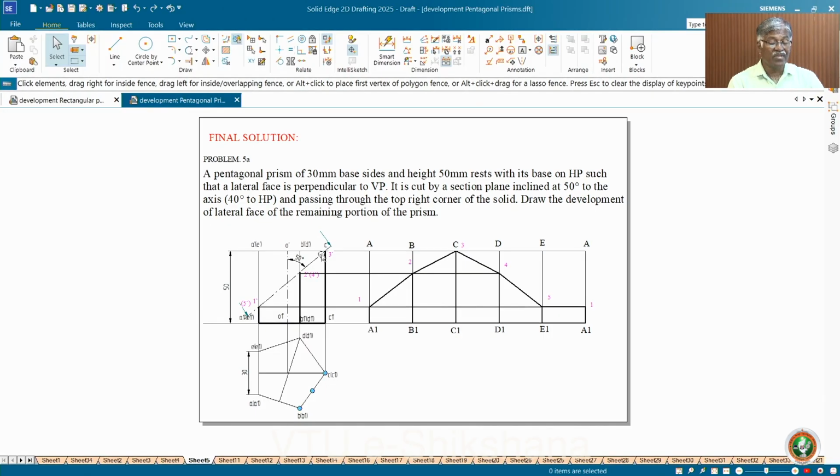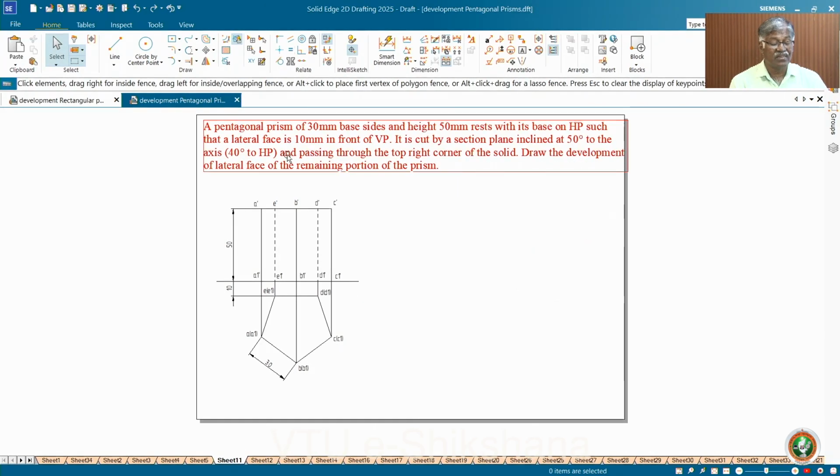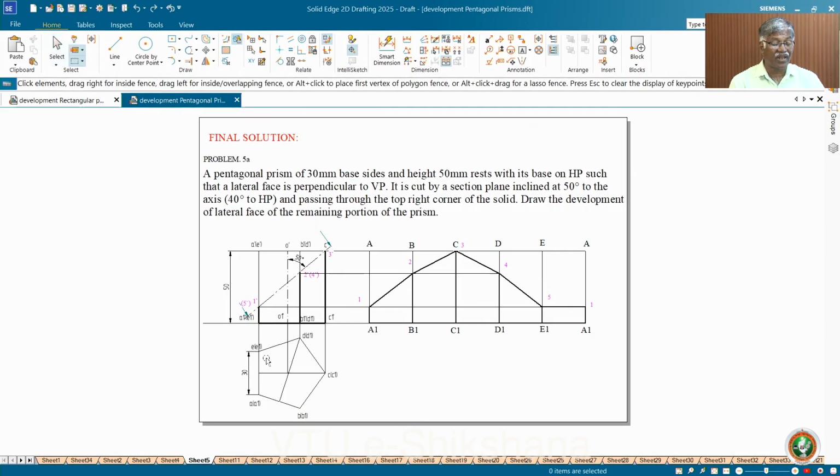Now suppose that this particular angle is different. Now how exactly can you do it? So it says one of the sides is parallel instead of perpendicular, and 10 mm in front of VP they give. So definitely you must take that parallel to VP and 10 mm. Actually one of the lateral faces is parallel to VP instead of perpendicular here.